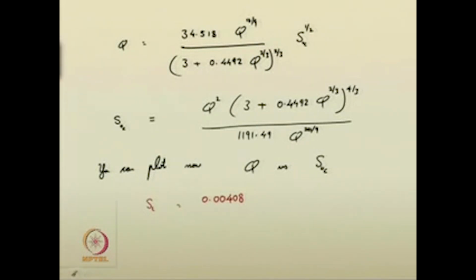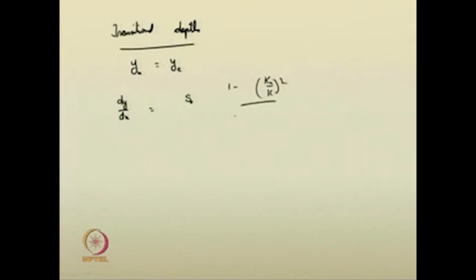So, now let us come back to the transitional depths. When you are at transitional depths, yn is same as your critical depth yc. Therefore, in your dynamic equation dy by dx, when dy by dx tends to S0, what happens?